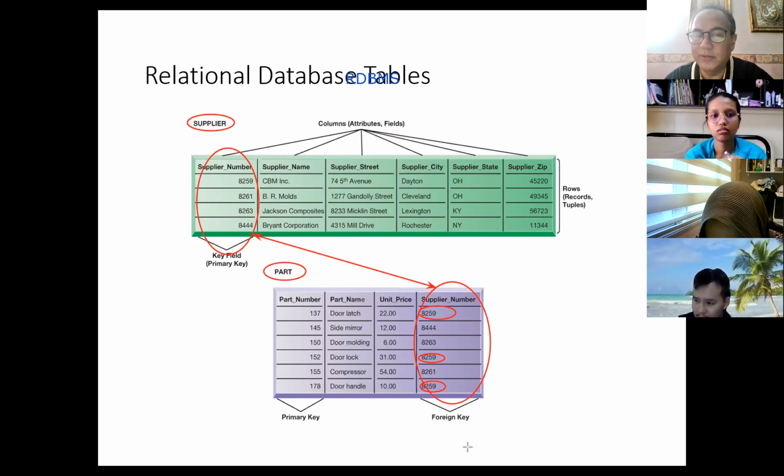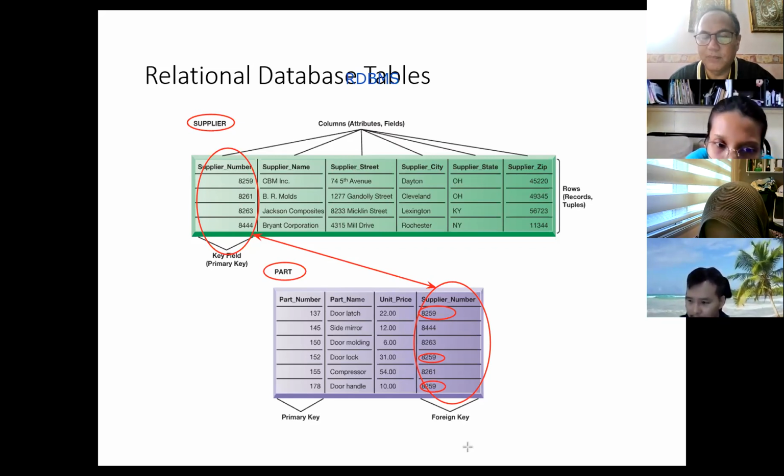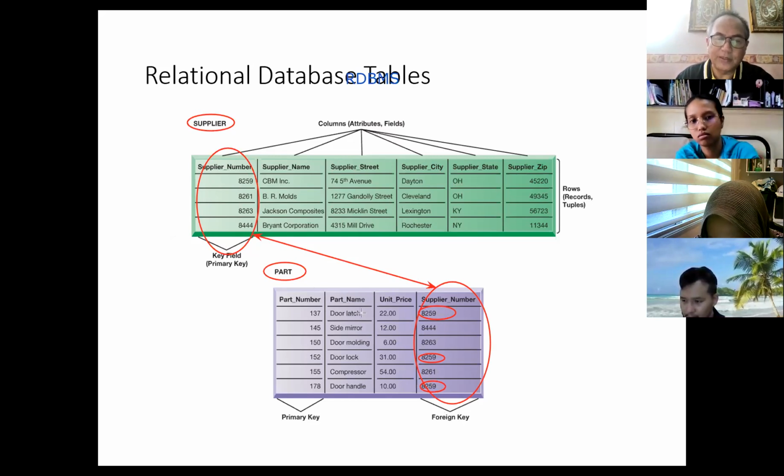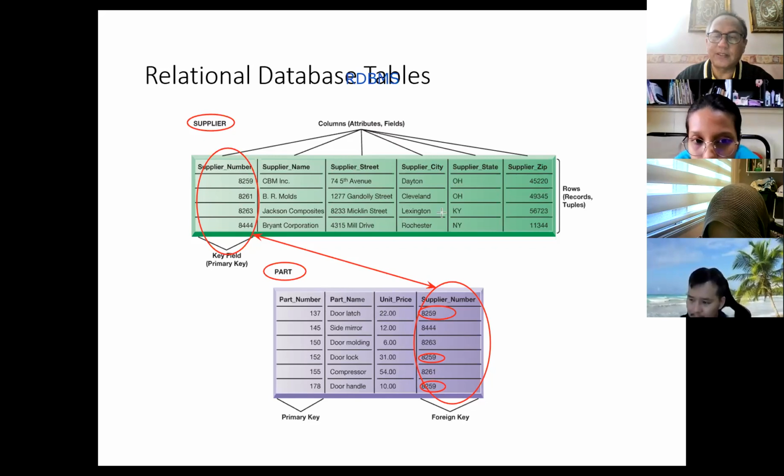The uniqueness is at the primary key. So when the primary key is placed in a different table, it's called a foreign key. The primary key and foreign key are used to refer to, find, or query. The right word is to query, to extract information from the data.